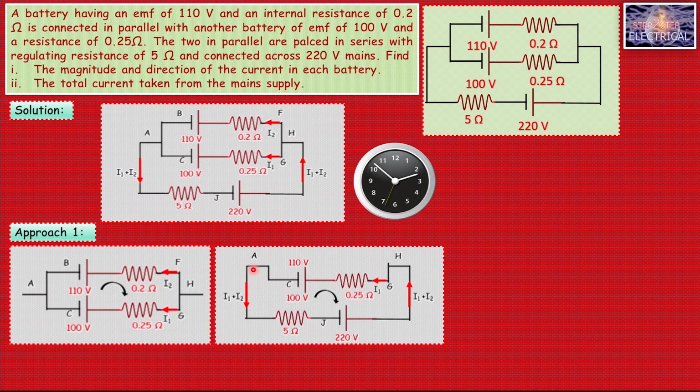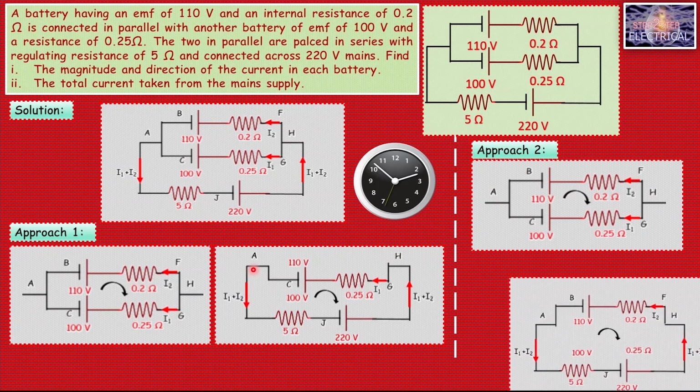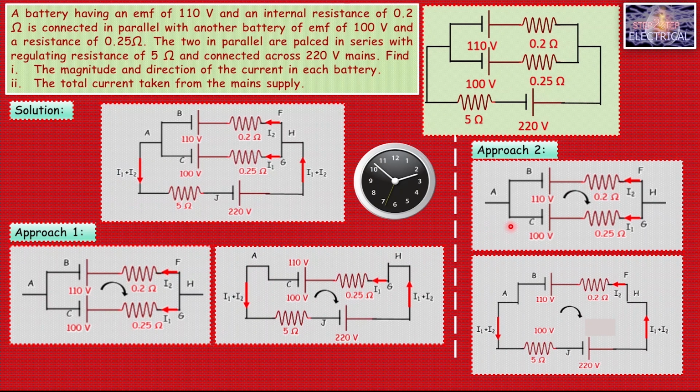We will also see what are the loops selected for approach 2. In approach 2 we have the loop A, B, F, H, G, C, A, which is common for both approaches. The first loop is common in both approach 1 and approach 2, but loop 2 of both approaches is different.